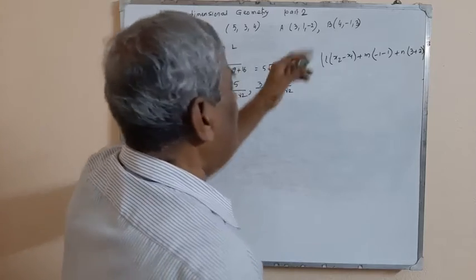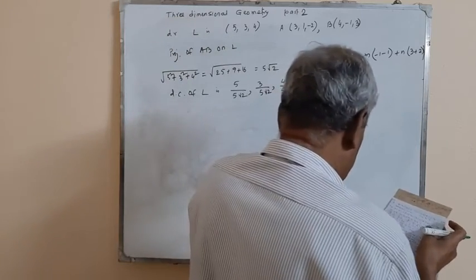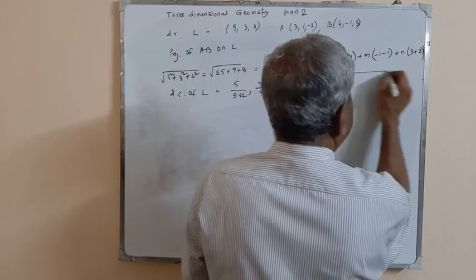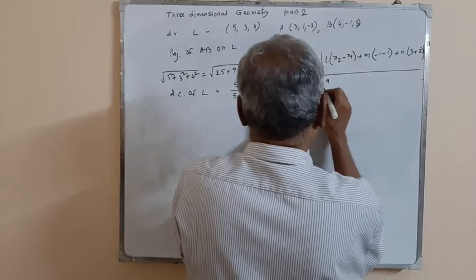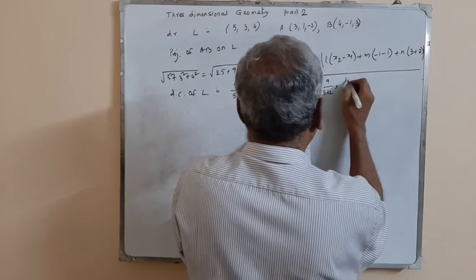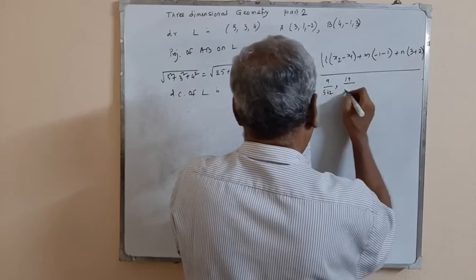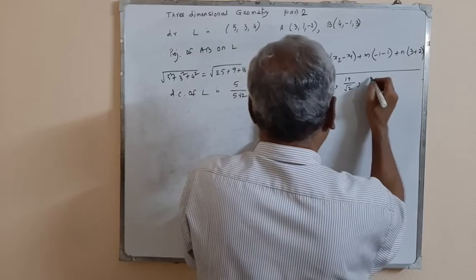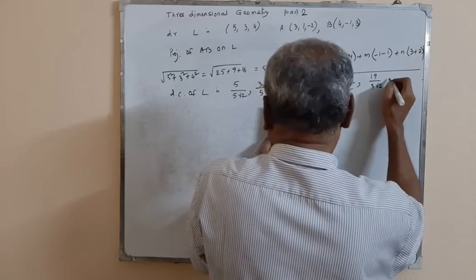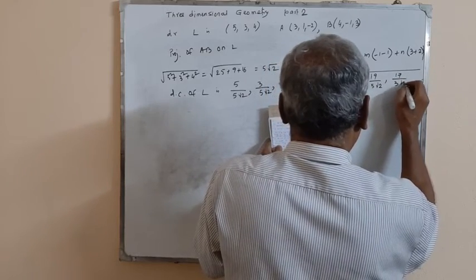Actually, I have not given the options. Let me first write them down. The options are 9 by 5 root 2, 19 by 5 root 2, root 3, sorry, 19 by 5 root 2, and 17 by 3 root 2.